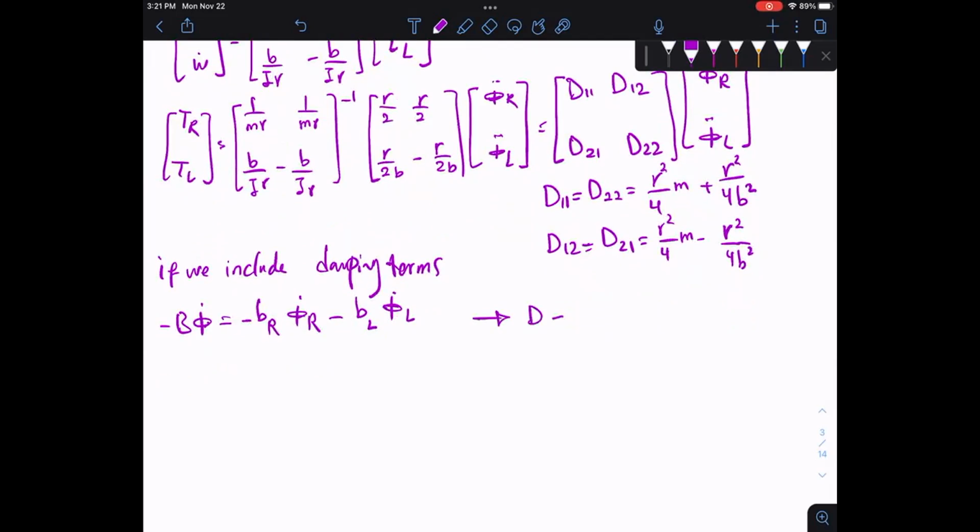You have D phi double dot plus B phi dot equal to tau. And we know that tau here is tau L and tau R.